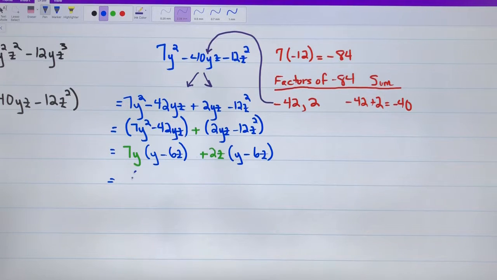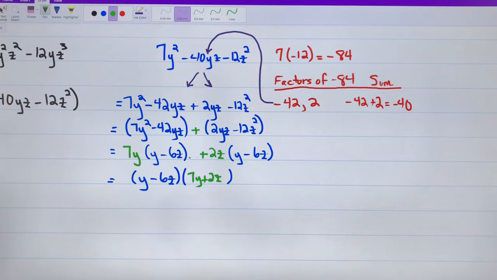So for the factors, you have y minus 6z, times the quantity of the outside terms, 7y plus 2z.